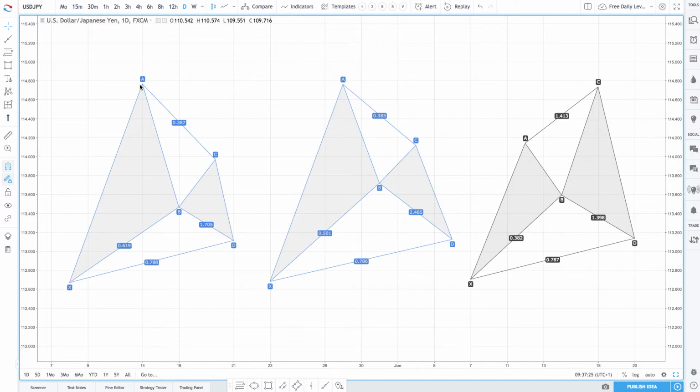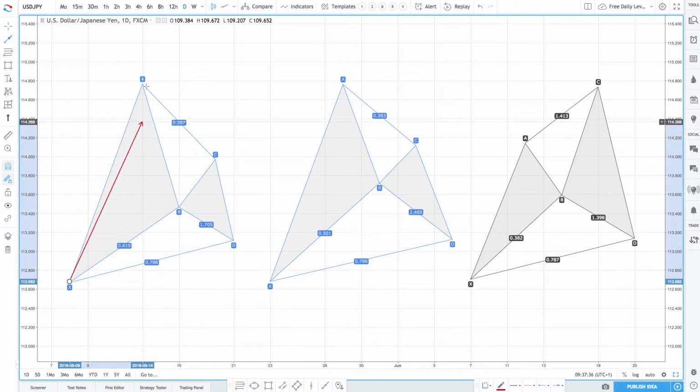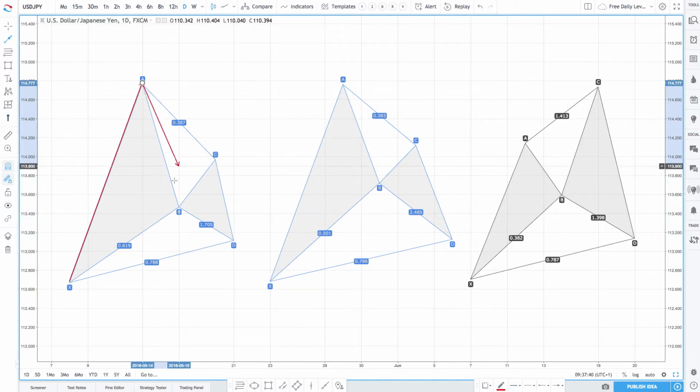If you're not familiar with Bat, Cypher and Gartley patterns, they're basically harmonic patterns. You have a move up, the market moves higher, and then it will retrace. For this first one, a Gartley pattern, it needs to retrace to the 61.8 percent Fibonacci ratio, then a move higher to maybe the 38.2.